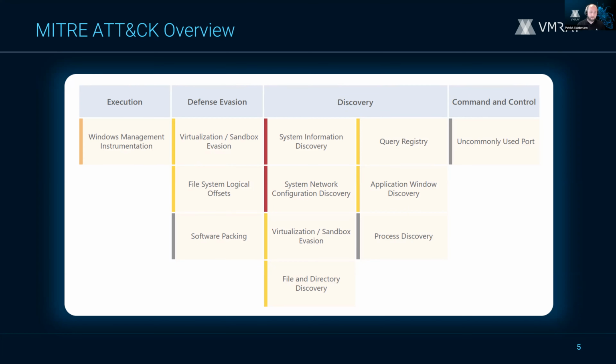We actually see that there are techniques for trying to detect virtualization and sandboxes. But we also see other things happening, like querying registry keys, trying to enumerate processes, trying to enumerate files and directories. While some of those seem to be related to collecting some information, the main idea behind this discovery approach for Bumblebee is trying to determine if it's running in a virtualized environment or even in a sandbox.